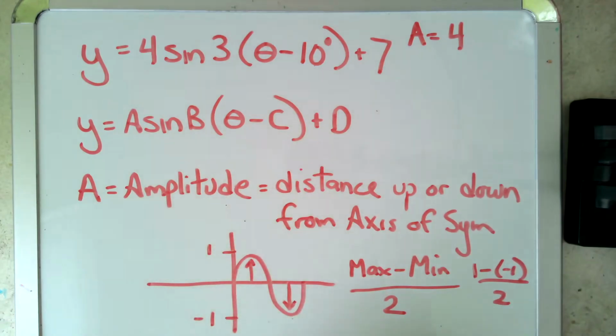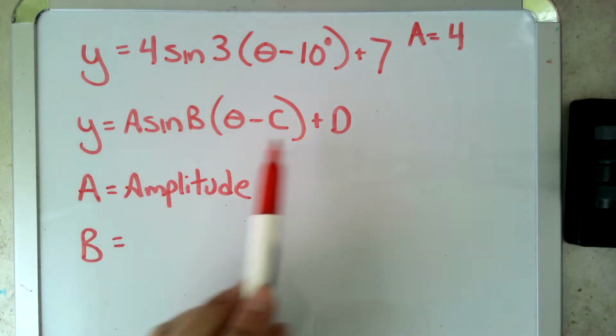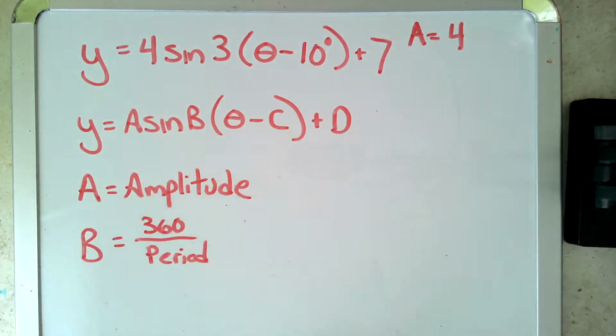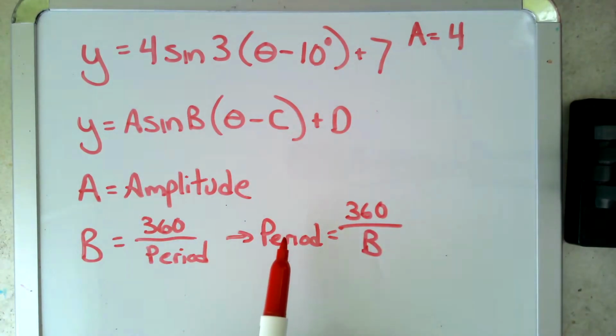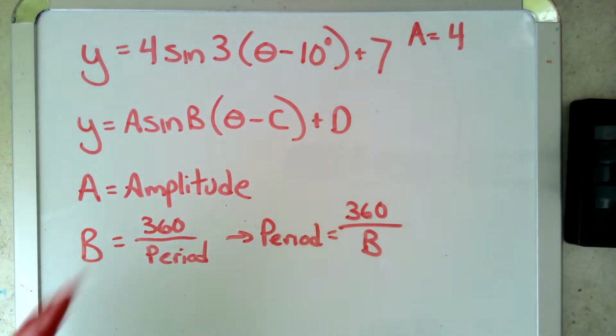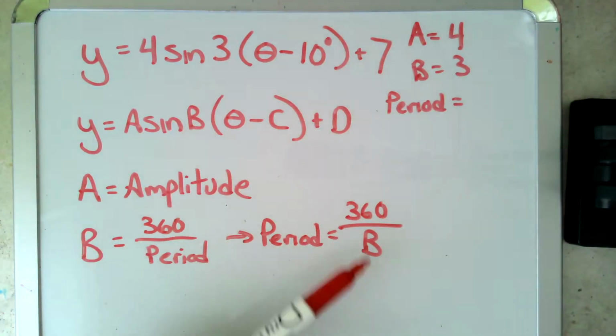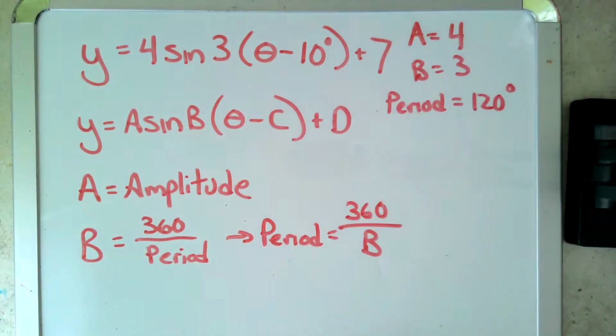Our B in this parent equation is defined as 360 degrees, or 2 pi if you're in radians, but I see here it's 360 degrees, so I'm in degrees, divided by my period, which means I can also know that my period is defined as 360 over B. So in my equation, I can see that my B equals 3, and therefore my period will equal 120 degrees.